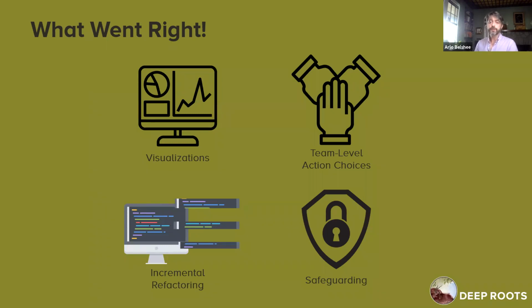Okay, so some things that went right, and thank you for the interrupt there. We still had visualizations, team level choices. In fact, the visualizations had grown. We now had, for example, a visualization where we were analyzing source control. And by looking at source control, we could look at dev behavior. We could look at things like how frequently do people check in? How big is each commit?